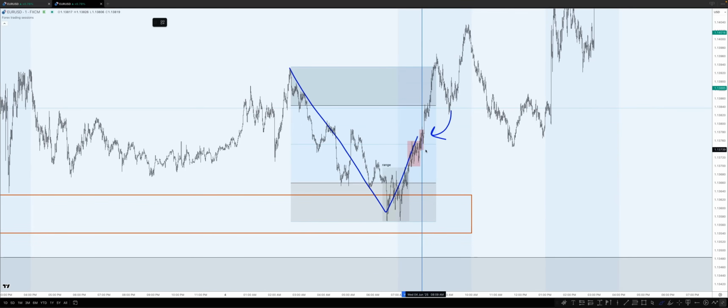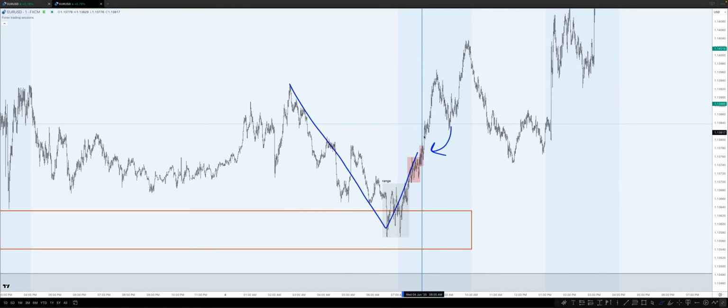That this is a low probable location to look for sells in the market, because this will be considered selling low. What we want to do is sell high in the market. Selling high is equal to high probability, and selling low is equal to low probability. So we don't have to look for sells in our session. What we can actually do is look for buys based on the location and the information we've been presented with.